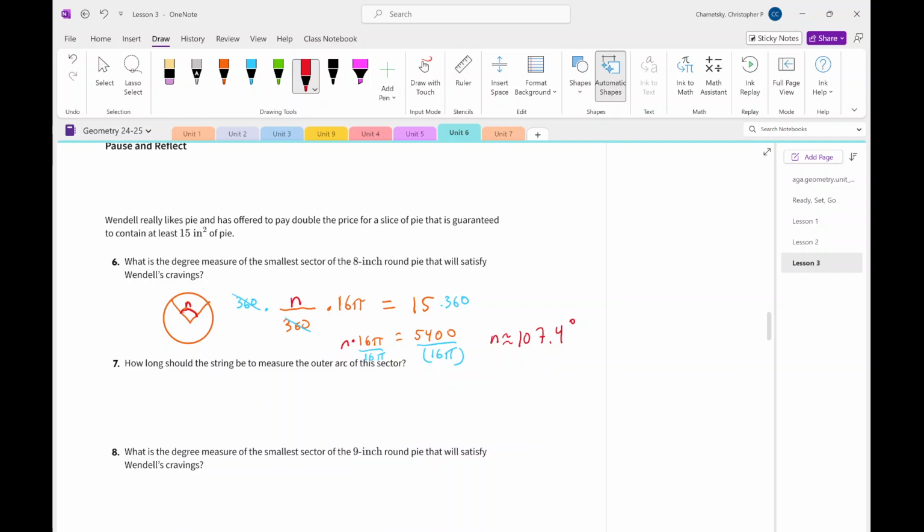Okay. All right. Question 7. How long should the string be to measure the outer arc of the sector? Well, now we have an angle out of 360, and that is the fraction of our circle.